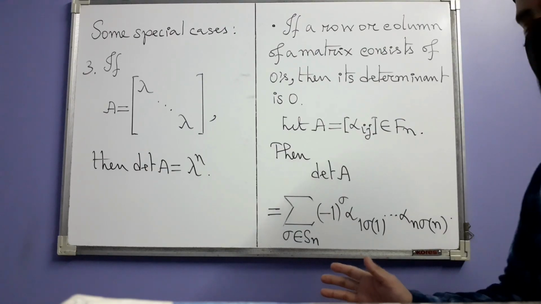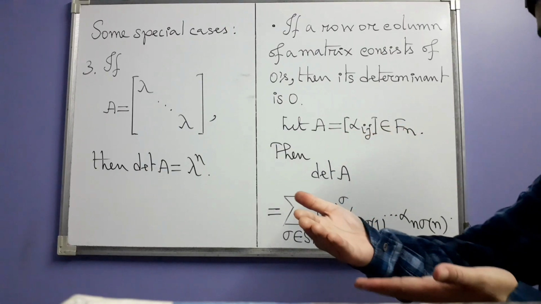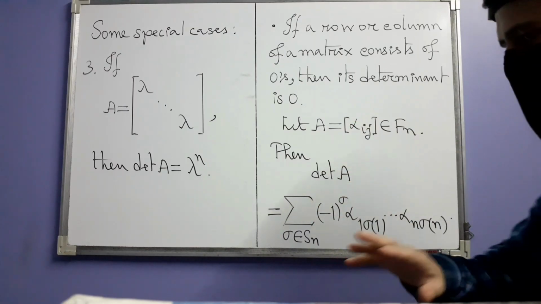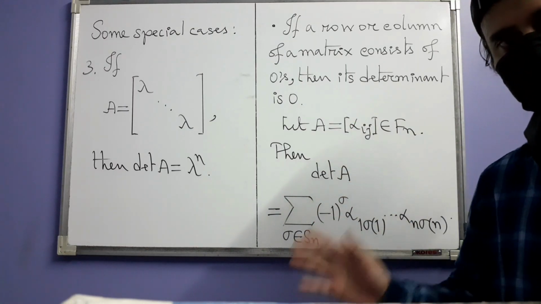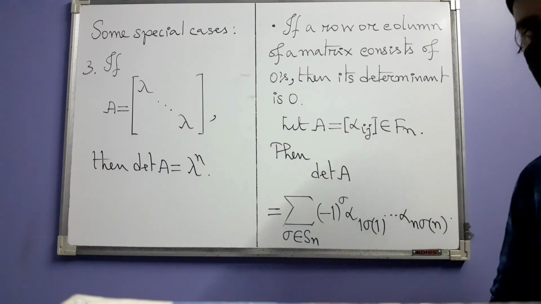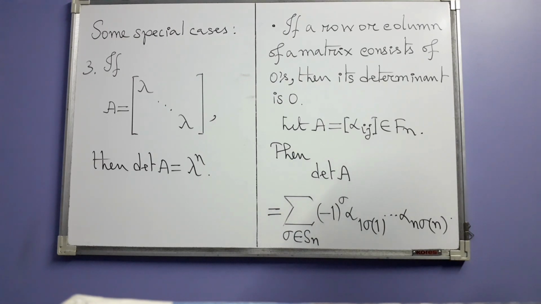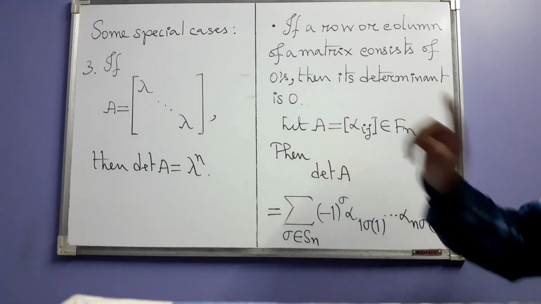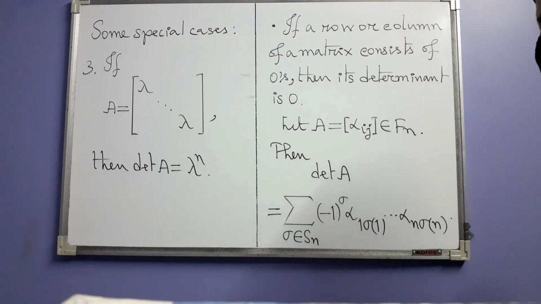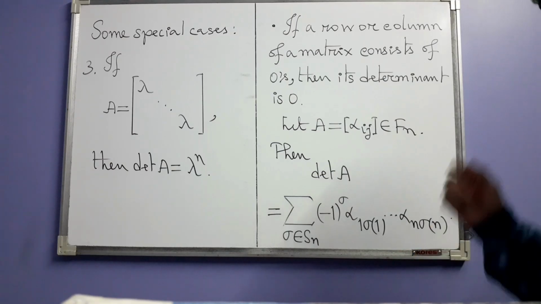So in general, no matter what I is, if the ith row is 0, then also all the terms in this sum are equal to 0, and that is how the determinant is 0. Alright, that is actually quite straightforward. But what about A having a column consisting of zeros? What about that case? Let's see.